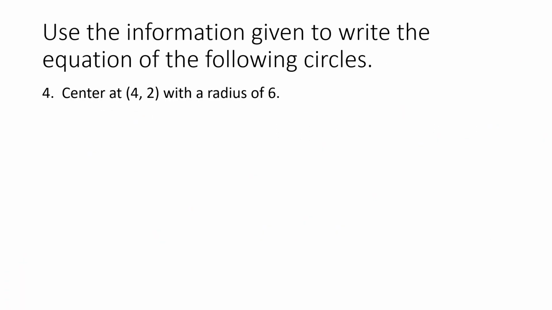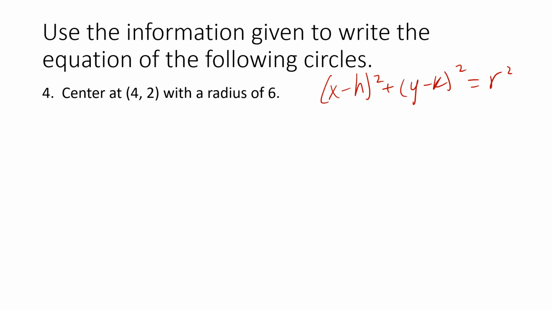Next, what if I'm given information and it wants me to create the equation of a circle? I can create the equation of a circle as long as I have everything I need to put into standard form. Remembering standard form is x minus h squared plus y minus k squared equals r squared.